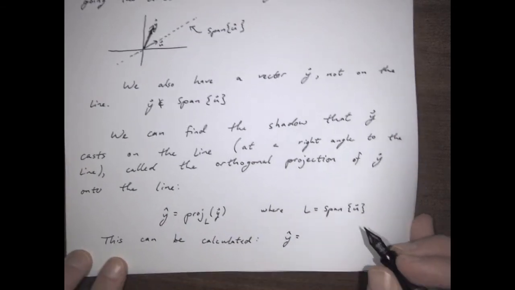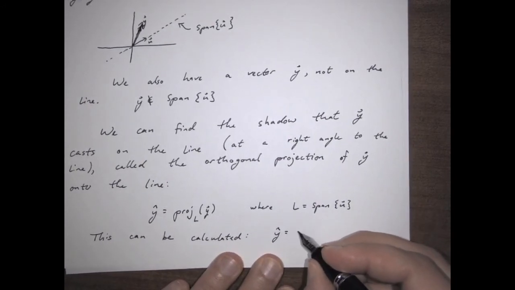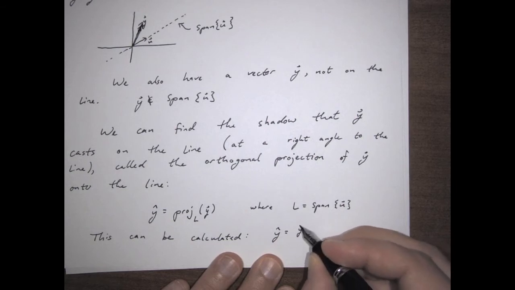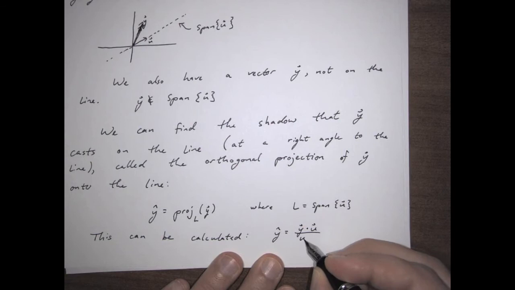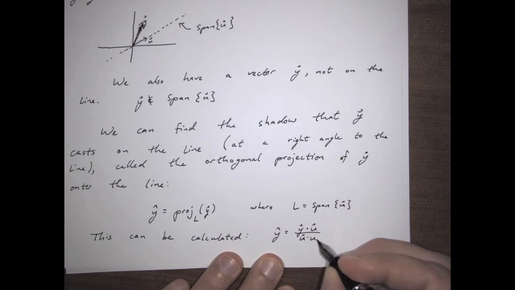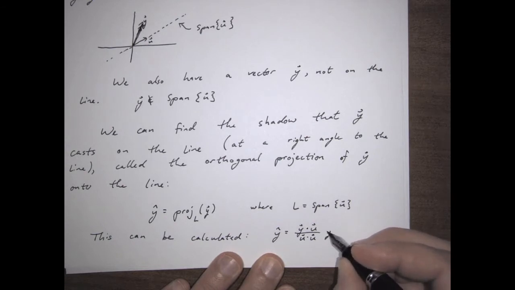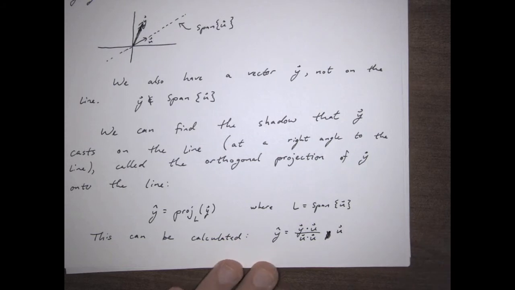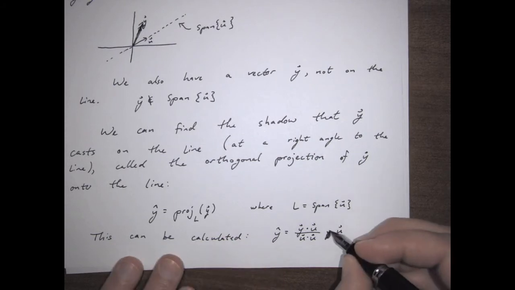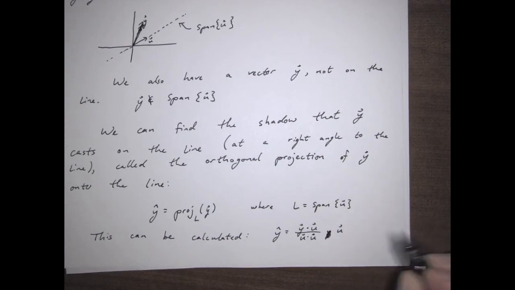It is the exact same formula that we used a second ago for the weights. So it's going to be y dot u, so there's only one u this time, divided by u dot itself, times, oops, not times that, times u. So this will make a number, this will make a number, and together this will make a number times u.